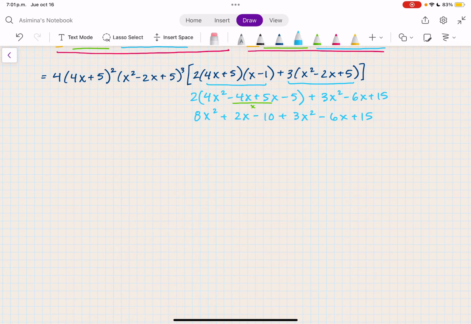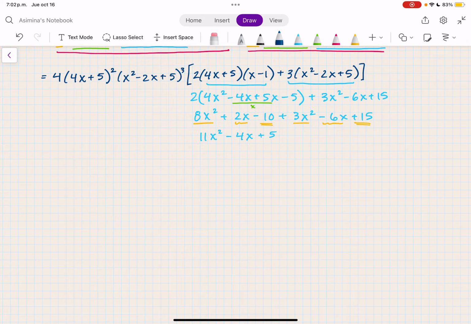So we have here 8x squared plus 3x squared, so that gives us 11x squared. Now we have 2x minus 6x, so that'll be minus 4x. And then we have minus 10 plus 15, so that'll be plus 5.